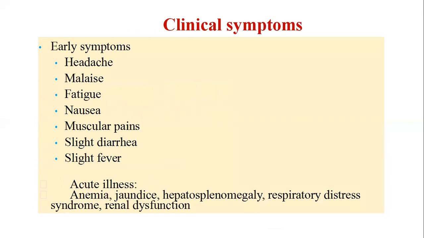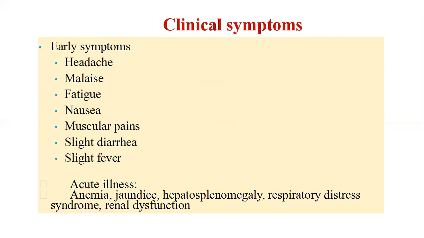Now, what are the clinical symptoms? There are two types of symptoms: early symptoms and acute symptoms. Early symptoms are headache, malaise, meaning overall discomfort of the body, then fatigue, nausea, vomiting, muscle cramp or muscle pain, slight diarrhea and fever.